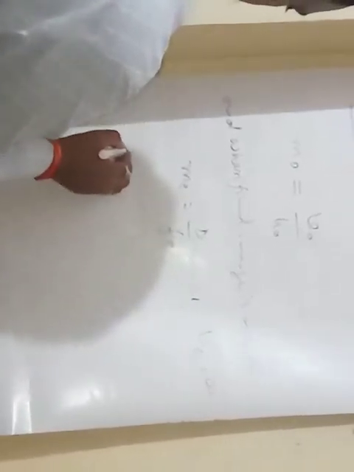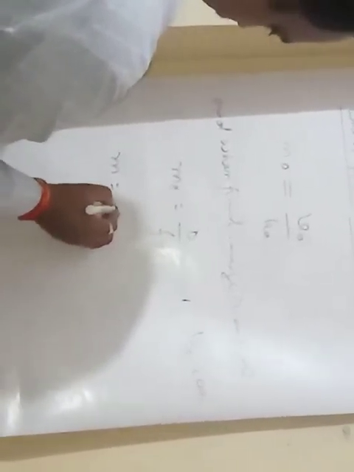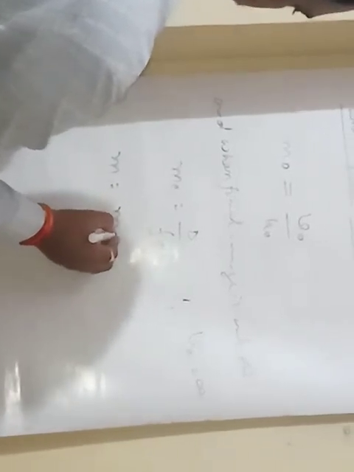Now the total magnification M equals MO into ME, that is, the magnification produced by the objective multiplied by the magnification produced by the eye lens.